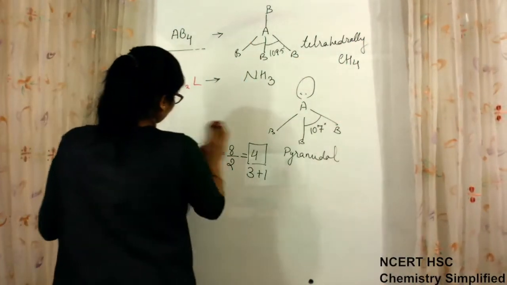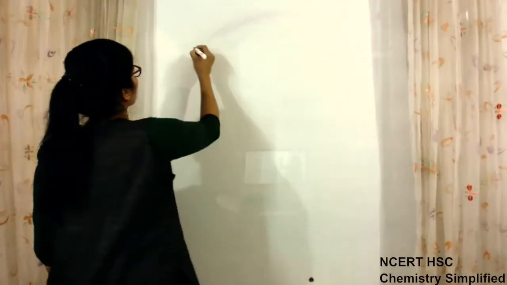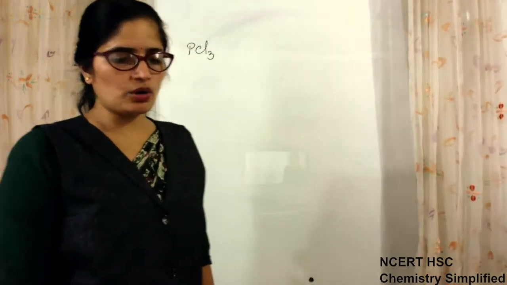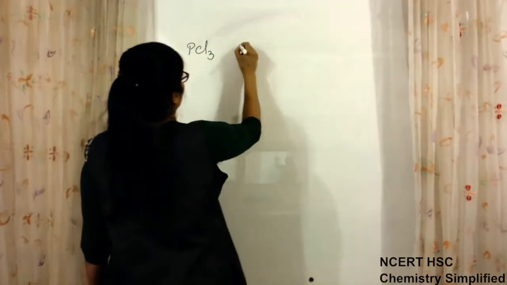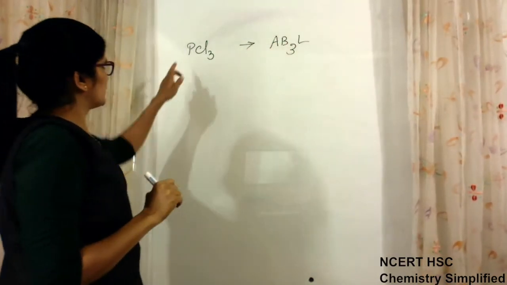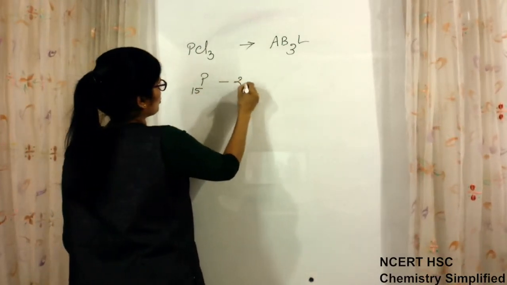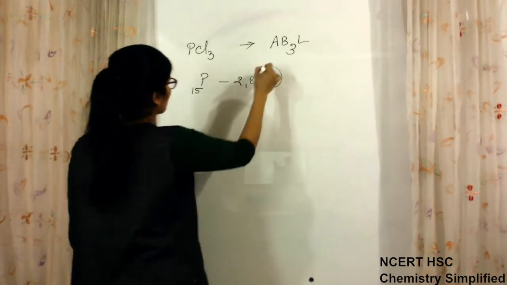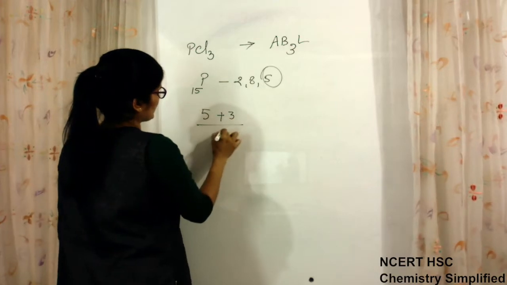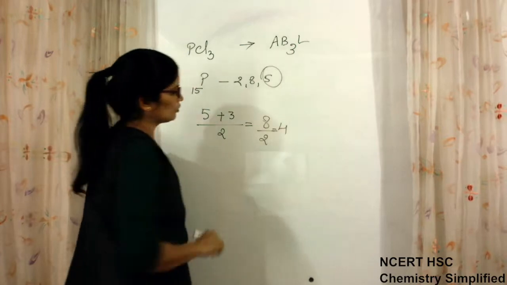Now, similarly, the PCl3 molecule is also an example of similar distortion, that is AB3L. See, phosphorus, atomic number 15, 2, 8 and 5. Valence electrons are 5. 5 plus side atoms 3, divided by 2, is equal to 8 by 2, is equal to 4.